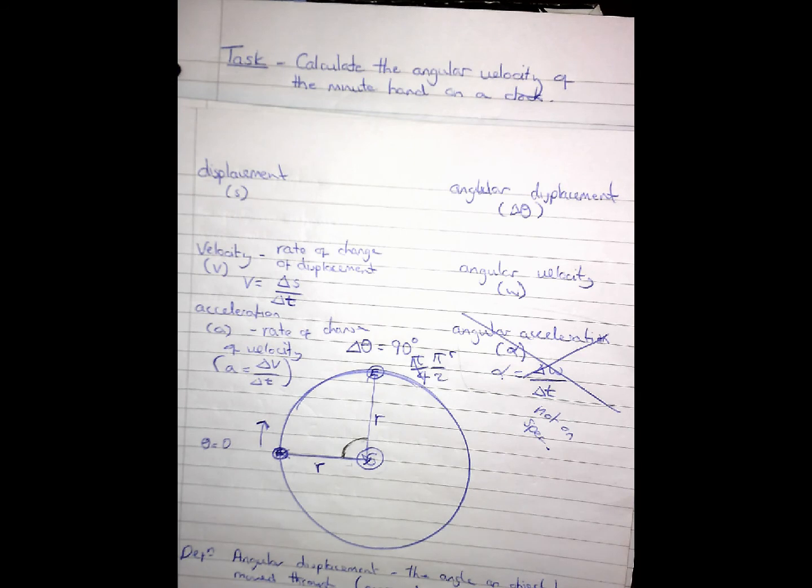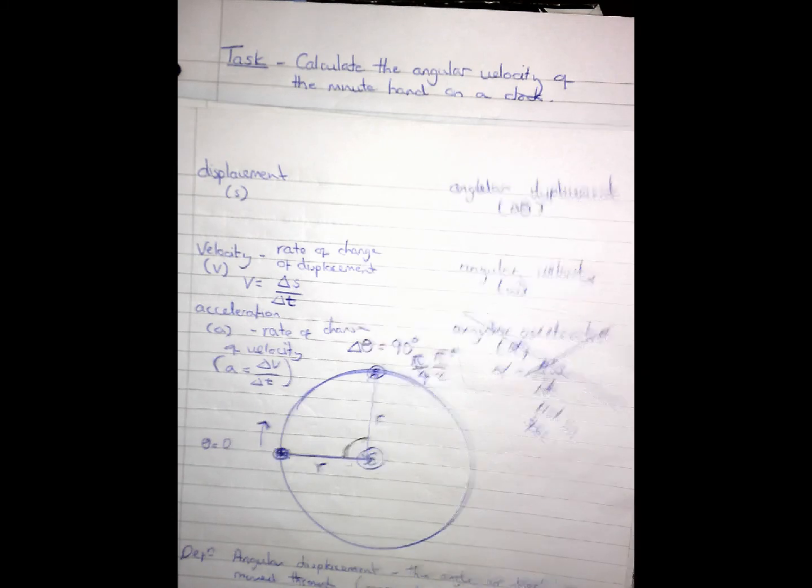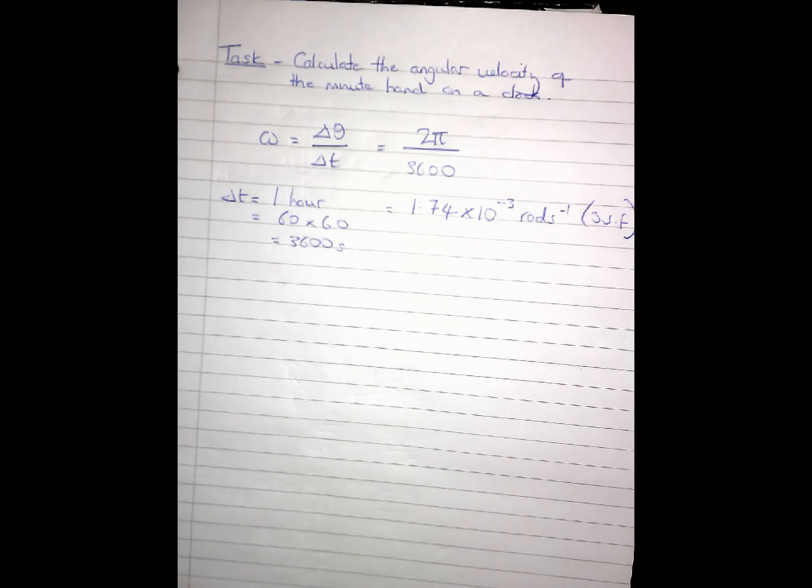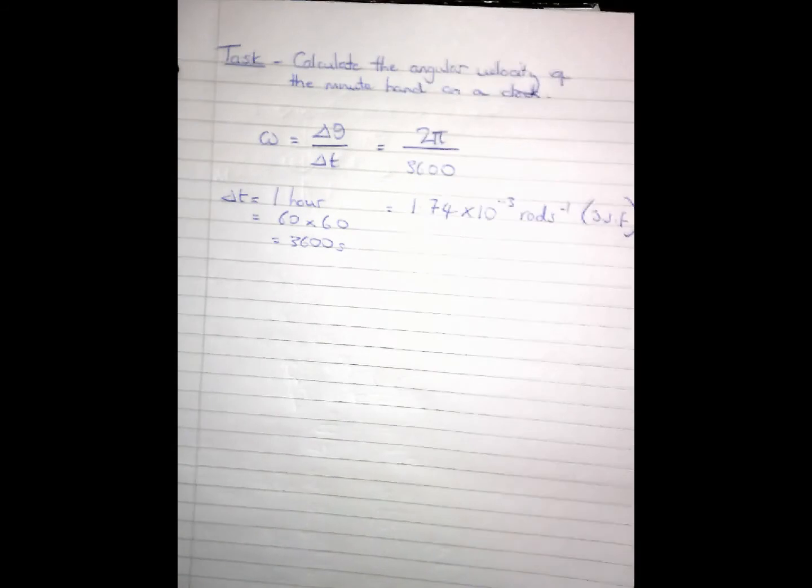You are not required to know how to do this in the exam, but for those of you pushing yourselves to higher grades, it is important you understand each step and why we're doing each step. And the result that we're going to get to is really important.